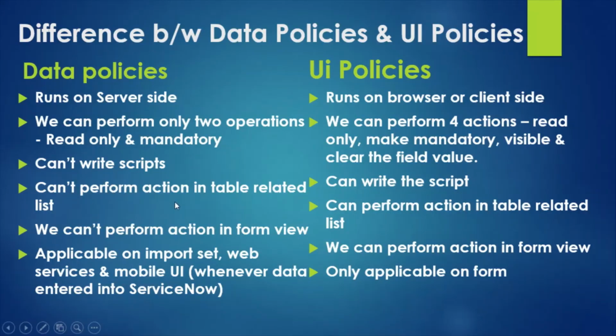We can't perform actions on table related lists. In data policy, we cannot make any restriction on table related lists, but we can perform actions on related lists in UI policy. And data policy is applicable on import set, web services, and mobile UI.